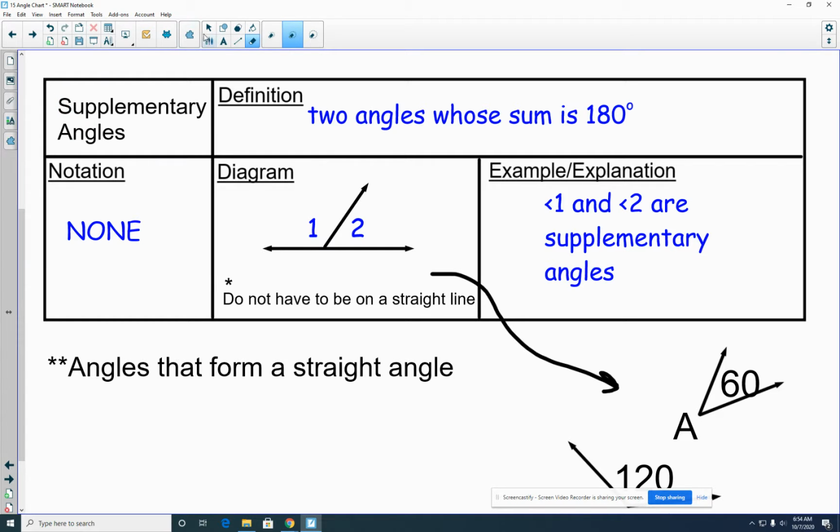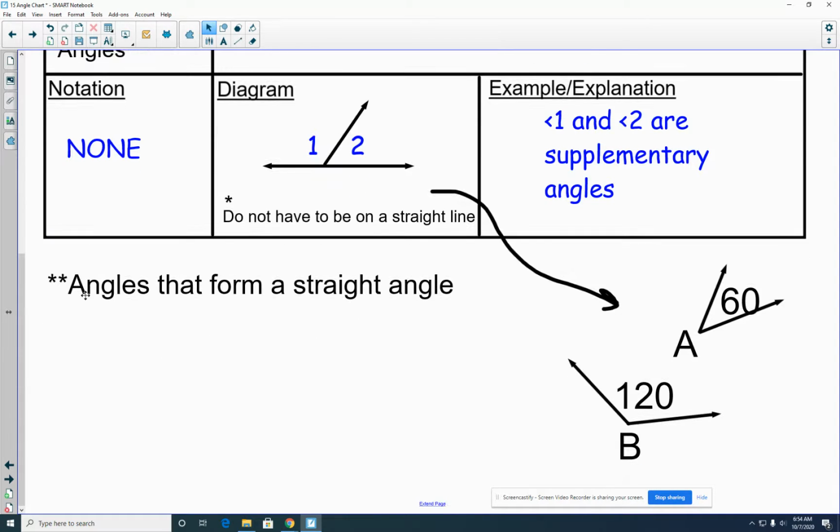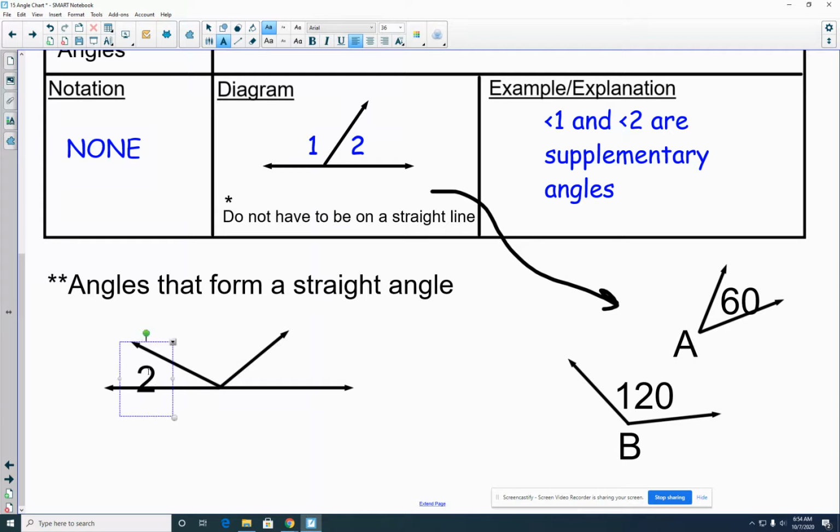Okay, now something else to get into our heads, that angles can also just form a straight angle or a straight line. So take a look at this. This is a straight angle. These are a linear pair. I could also do this and I still have a straight angle, right? I could put in some angle measurements. I could say this is 20, this is 50, and maybe this is 110.